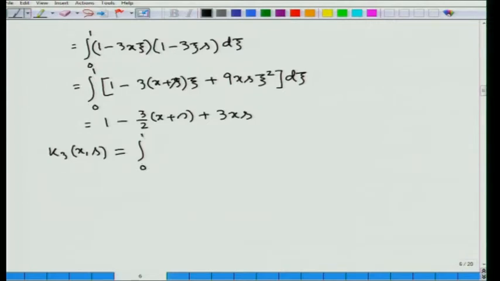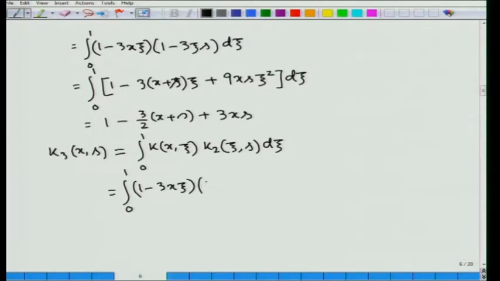By definition, k3(x,s) is the integral from 0 to 1 of k(x,xi) k2(xi,s) d xi, which is equal to the integral from 0 to 1 of (1 minus 3x xi) multiplied with (1 minus 3/2 (xi plus s) plus 3 xi s) d xi, and after integration with respect to xi you can arrive at this result.